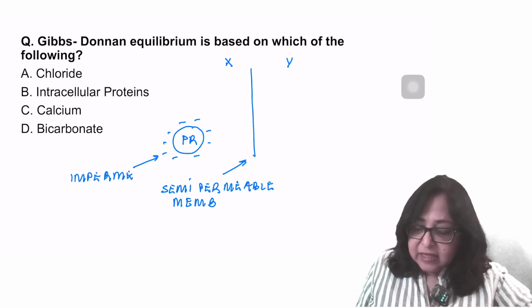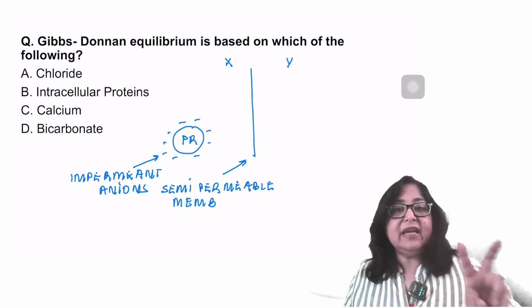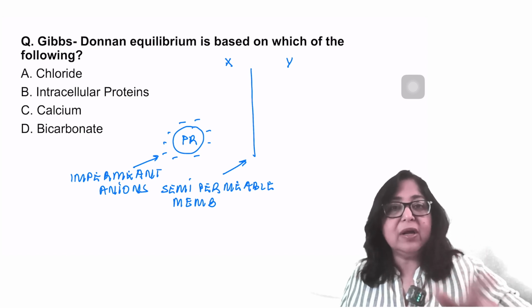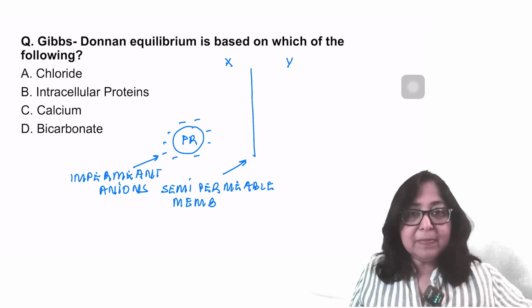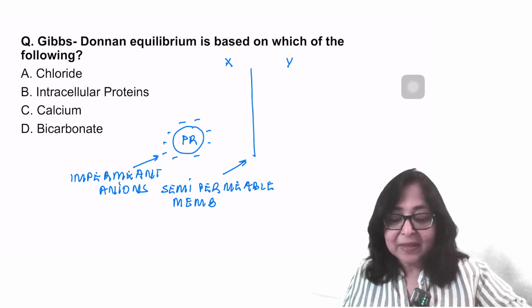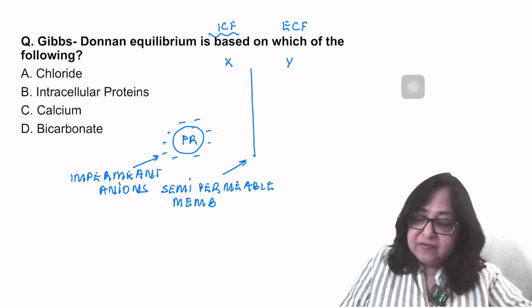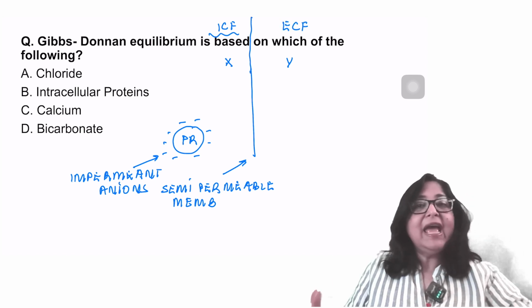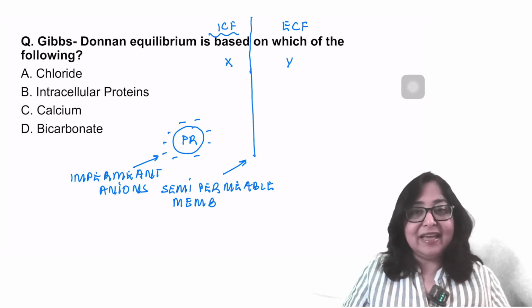Impermeant means they cannot cross the cell membrane. So once again, Gibbs-Donnan equilibrium will be seen whenever there are two compartments separated by a semi-permeable membrane with impermeant anions on one side. Like for instance, ICF and ECF are separated by a semi-permeable membrane, and you have proteins which are negatively charged in the ICF.